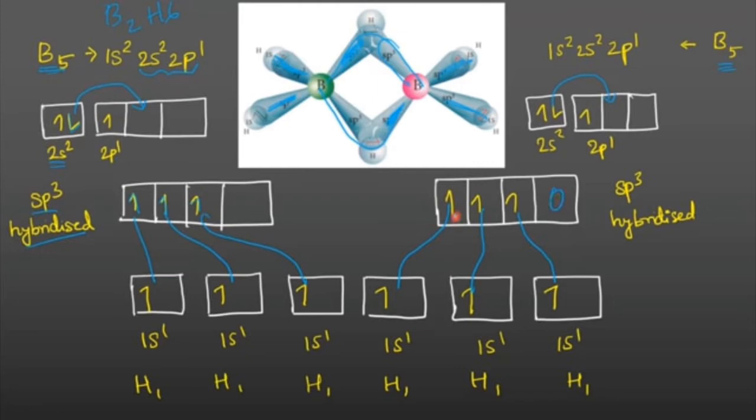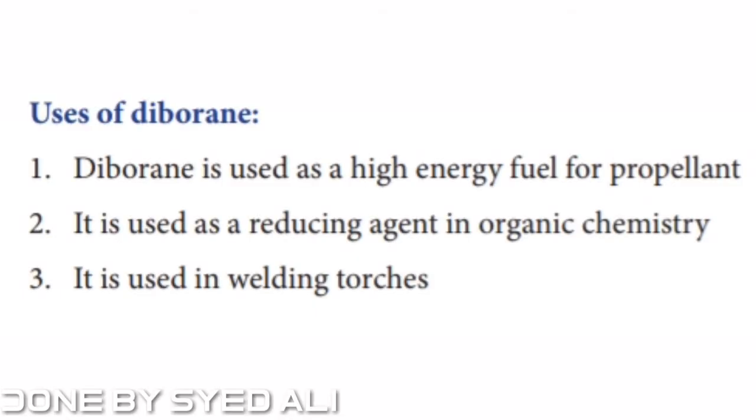The 3 center 2 electron B-H-B bond formation involves overlapping the half-filled hybridized orbital of one boron, the empty hybridized orbital of the other boron, and the half-filled 1s orbital of hydrogen. Uses of diborane.